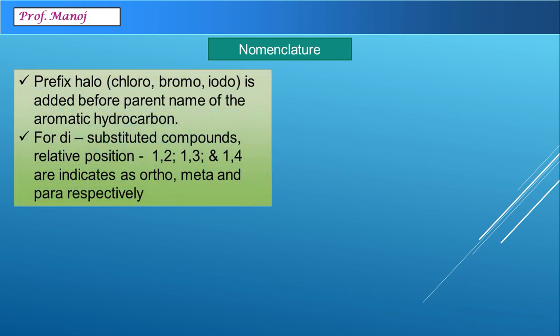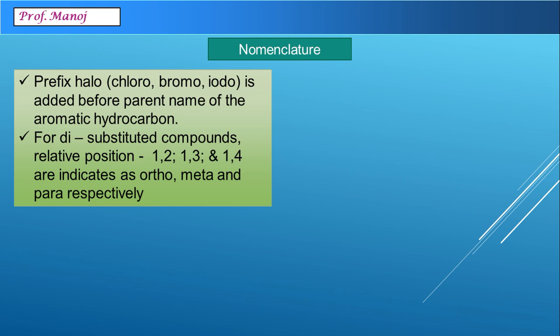When you come to the nomenclature of these compounds, we must know the basic rule that the prefix used, that is fluoro, chloro, bromo, iodo, will be written before the name of the parent hydrocarbon. For example, if chlorine is attached to benzene, we will say chlorobenzene.